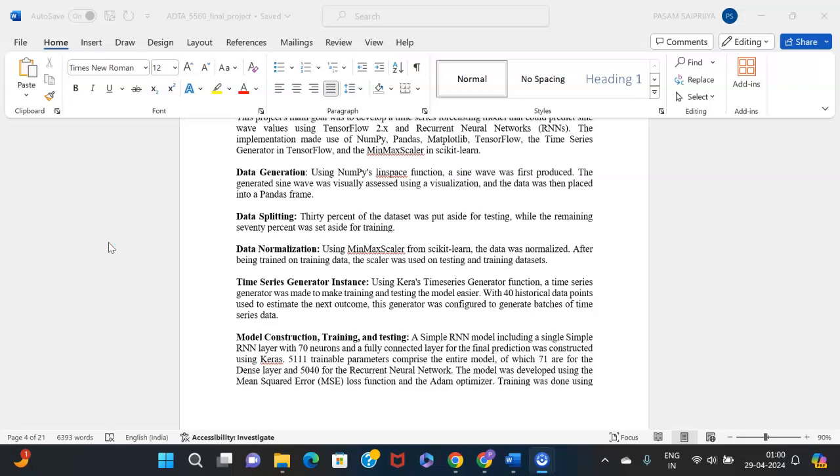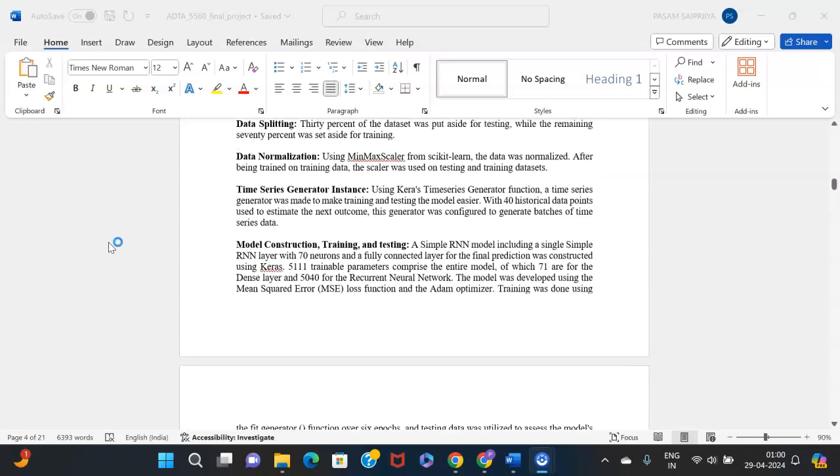Time series generator instance: using the Keras TimeseriesGenerator function, a generator was made to make training and testing the model easier. With 40 historical data points used to estimate the next outcome, this generator was configured to generate batches of time series data.